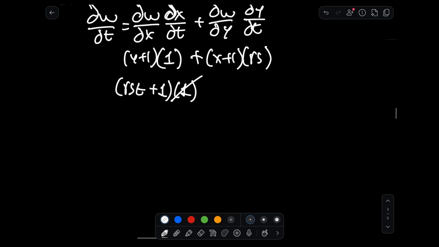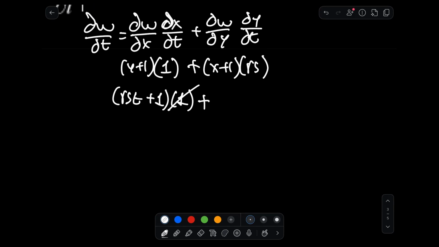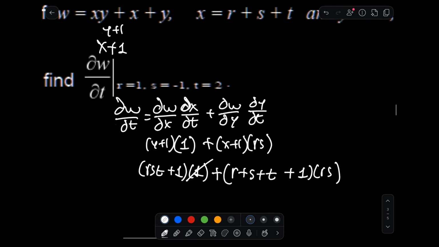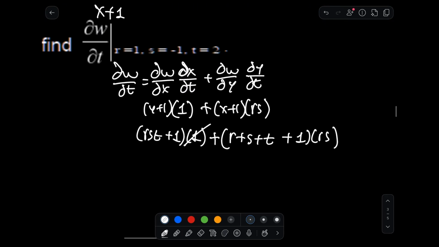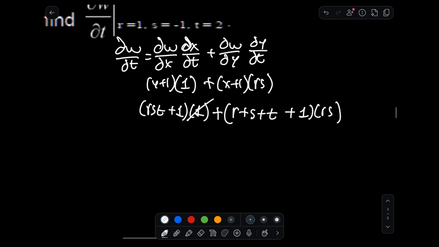This is essentially negligible, plus r plus s plus t plus 1 times rs, rst, so 1 times negative 1 times 2.